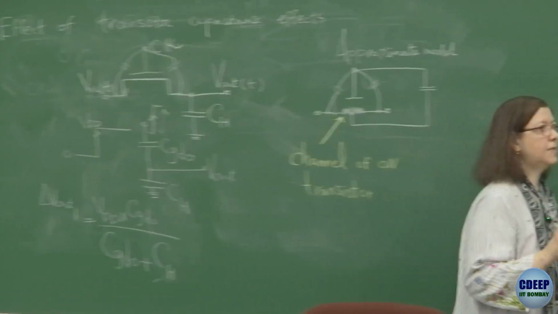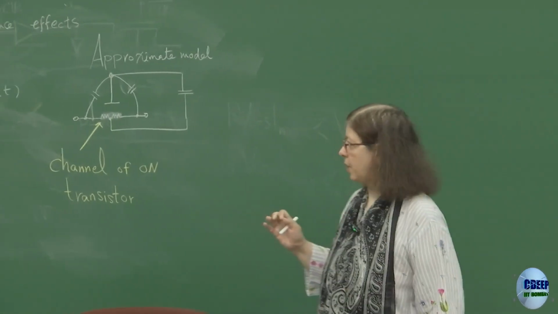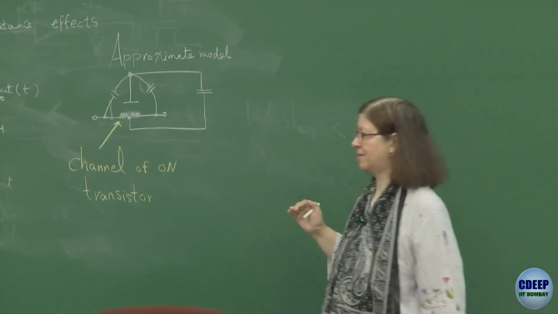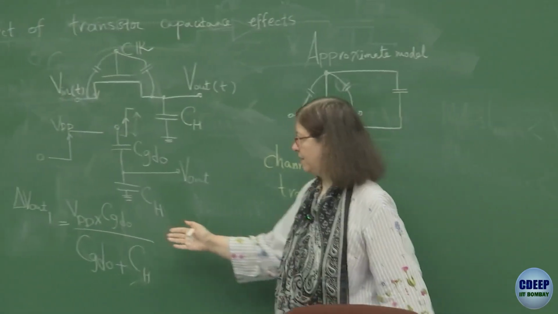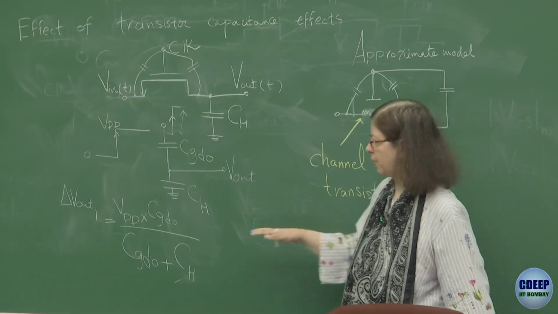So this is the first thing that we now have. The output will experience a positive transition. It's positive because delta V clock is positive when the transistor goes from off to on mode.